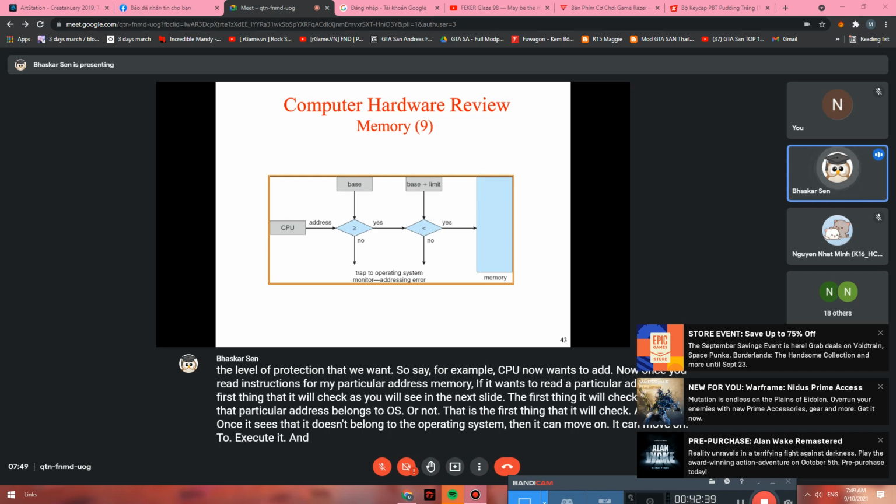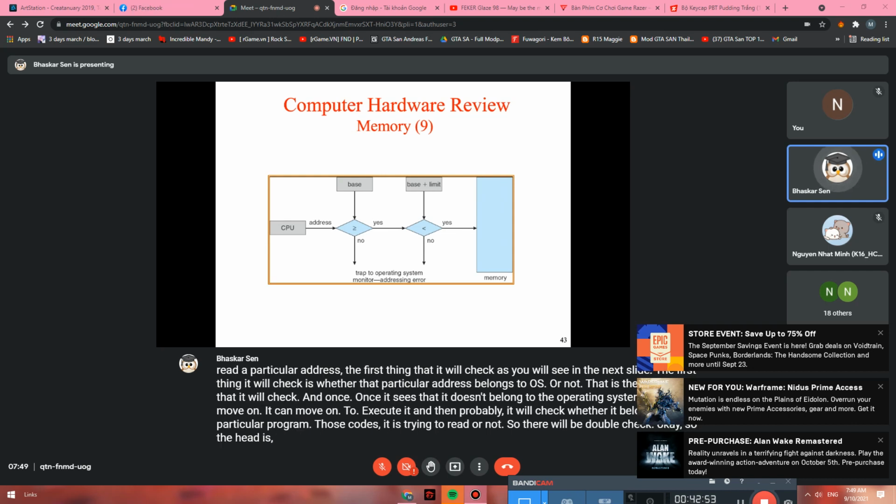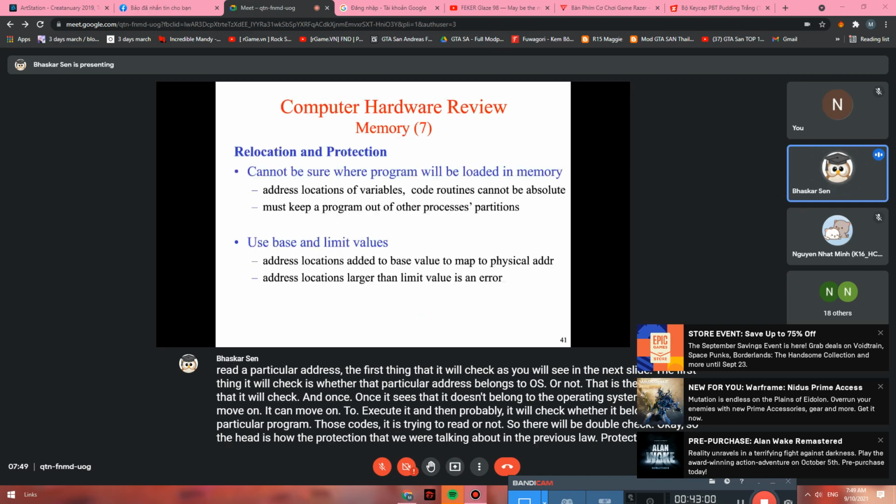And then probably it will check whether it belongs to that particular program whose codes it is trying to read or not. So there will be a double check. Okay, so that is how the protection that we were talking about in the previous slide is ensured.